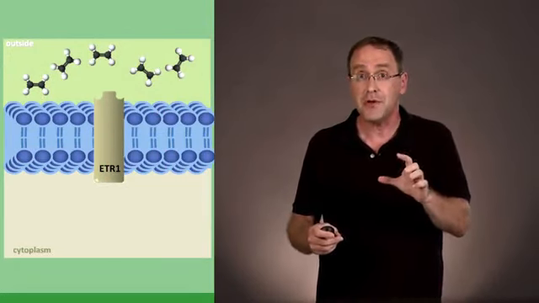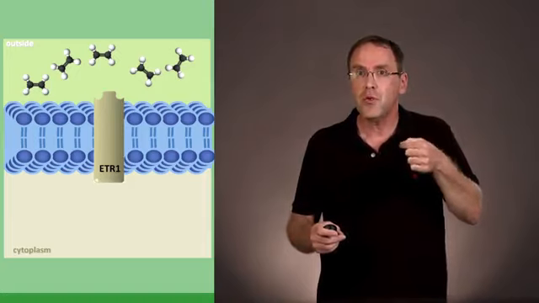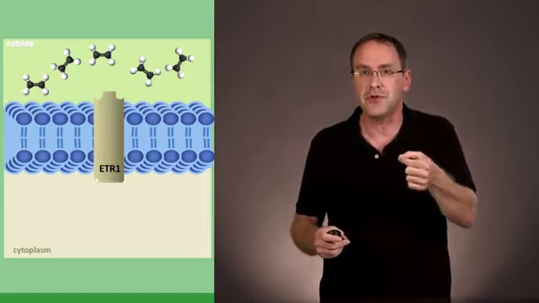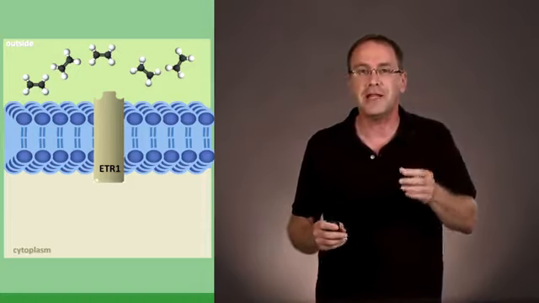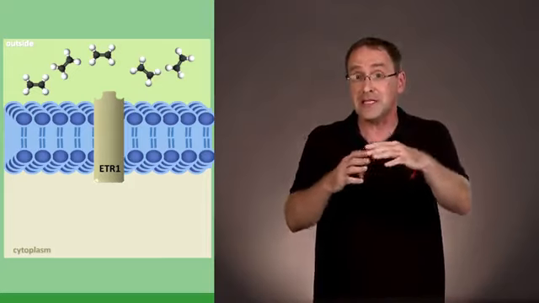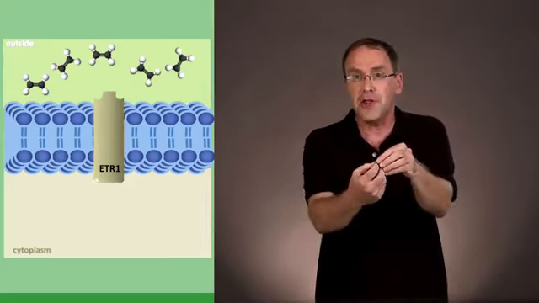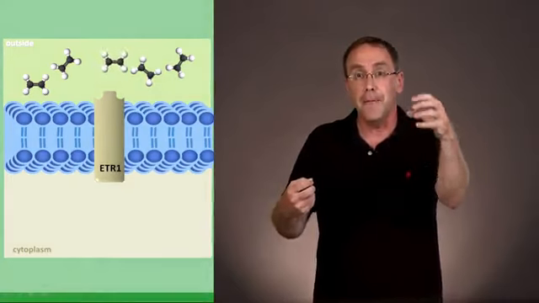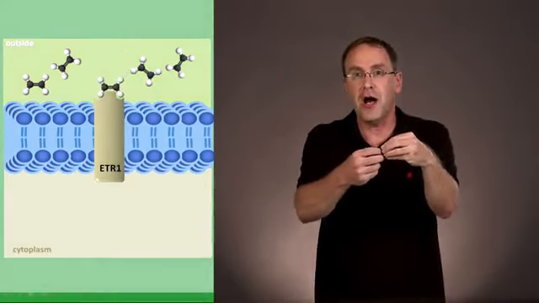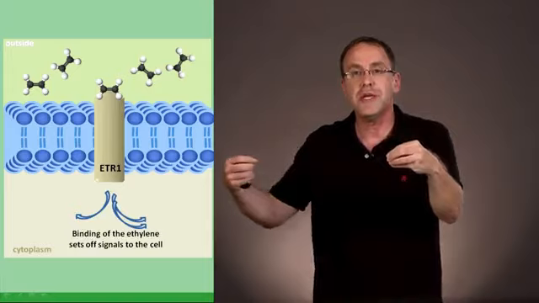And this receptor, similar to the way human olfaction receptors work, is found in the plant membrane. This receptor, which is called ETR1, is bound by the plant cell membrane and has part of the protein that goes inside the cell, such that when the ethylene binds the ethylene receptor, it causes some type of signal to go into the cell.